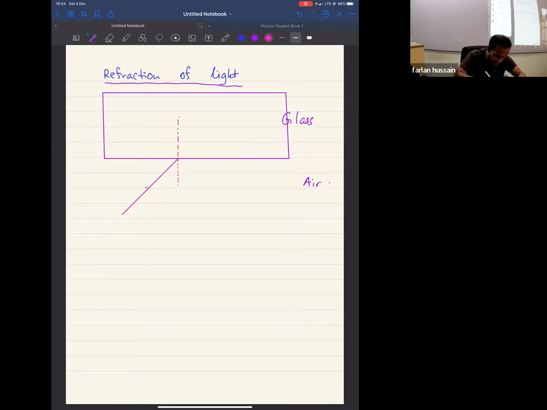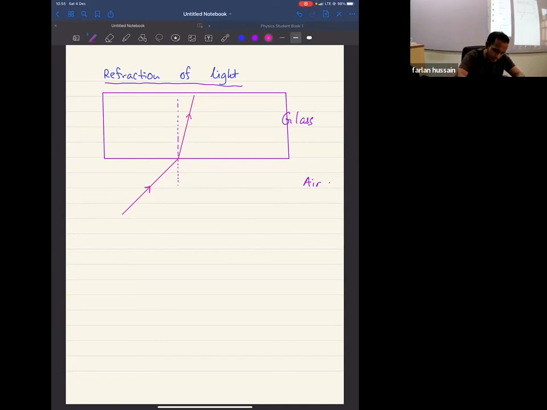When the light travels from air to glass, air is a less dense medium and glass is optically a denser medium. So when the light moves from a less dense medium to a denser medium, it will bend towards the normal.